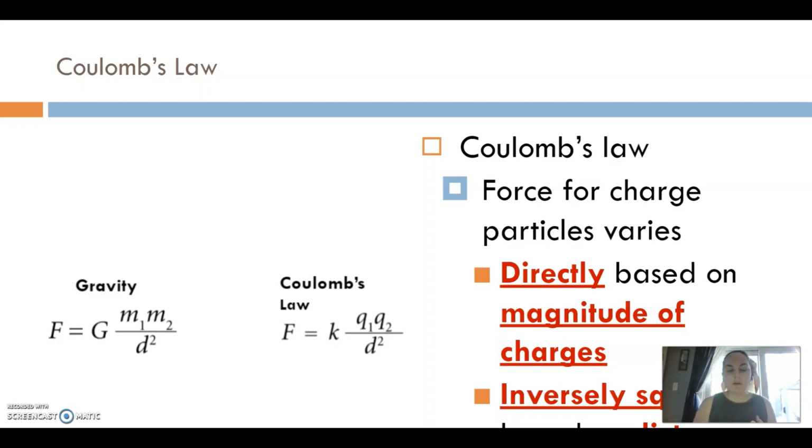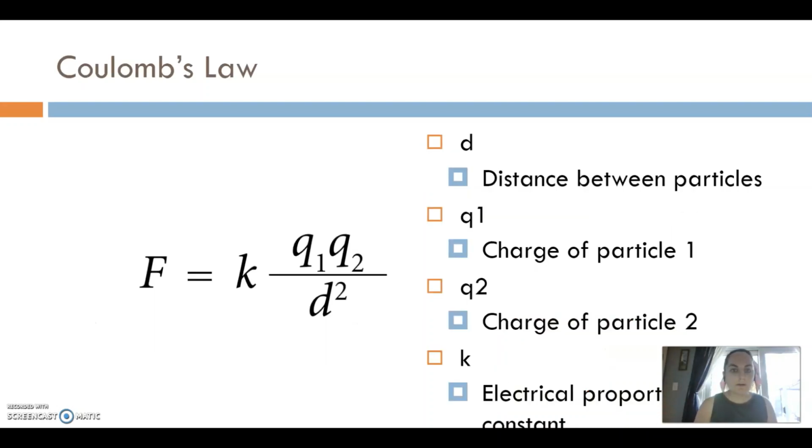Another important thing about Coulomb's law is that we can have positive and negative charges, right? So this electrical force is not only a force of attraction, but it's also a force of repulsion, a force that can repel. And that's different from our force of gravity. The force of gravity is only a force of attraction. And so when we're comparing them, Q1 and Q2 are charge 1 and charge 2. Now that charge can be negative or positive.